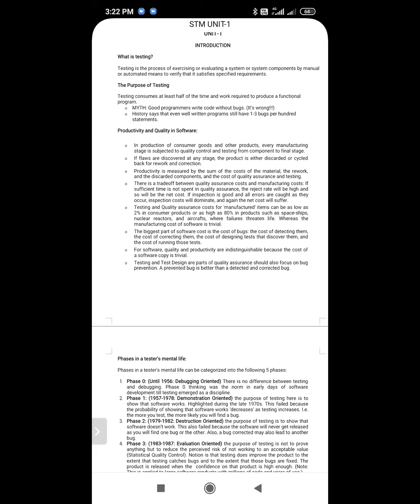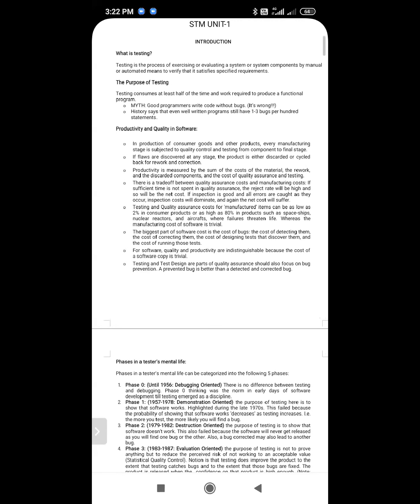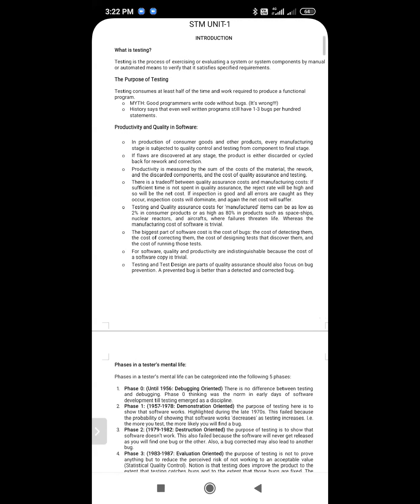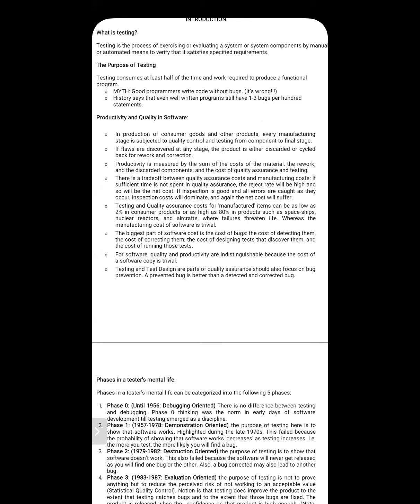Here the software quality and products are indistinguishable, and the cost of software copies is trivial. Next one, testing and test designs are part of quality assurance and should also focus on bug prevention.